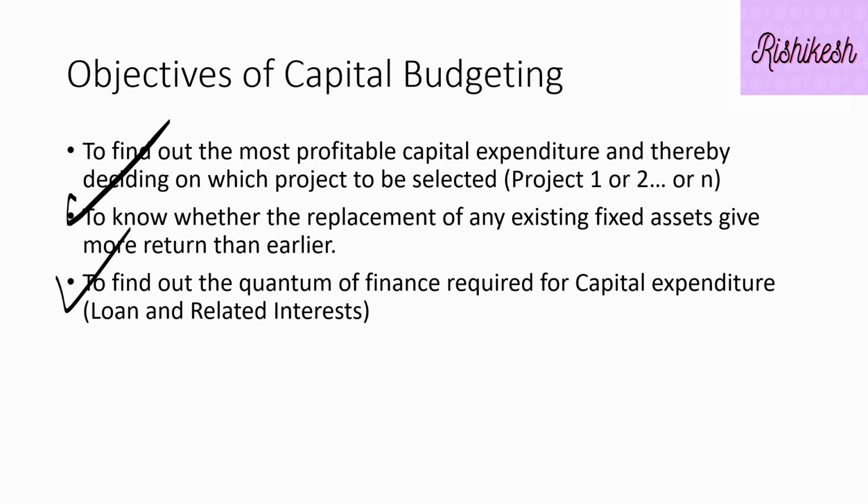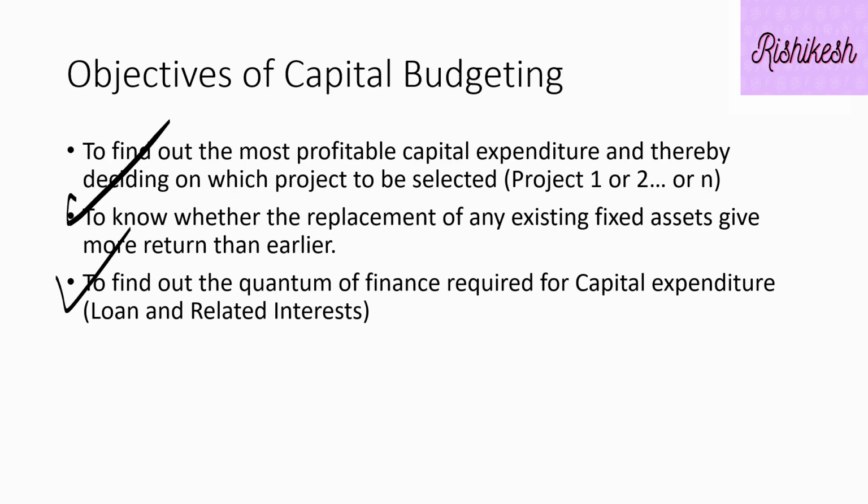Second thing is to know whether the replacement of an existing fixed asset gives more return than earlier. Let us take an example. You've got an equipment which is giving you, at its peak value, a profit of 2,000 rupees per month. Now, there's a better equipment available inside the market as well, which has got a higher capacity.